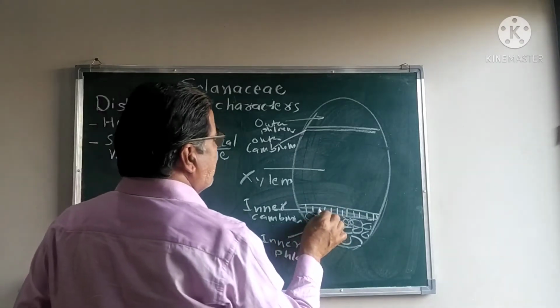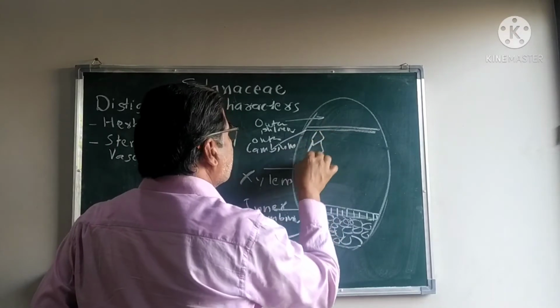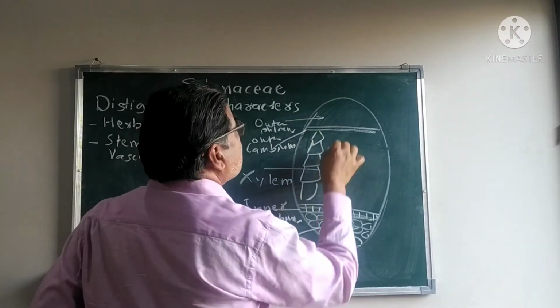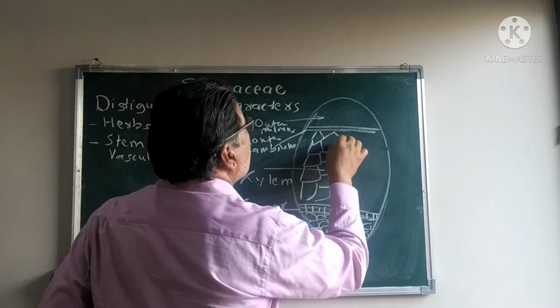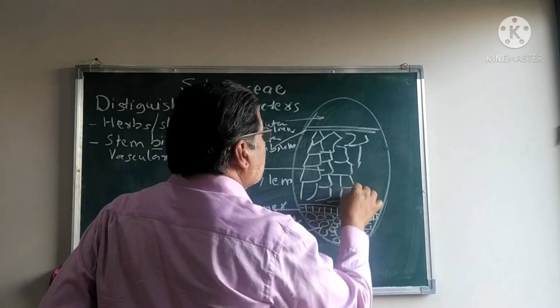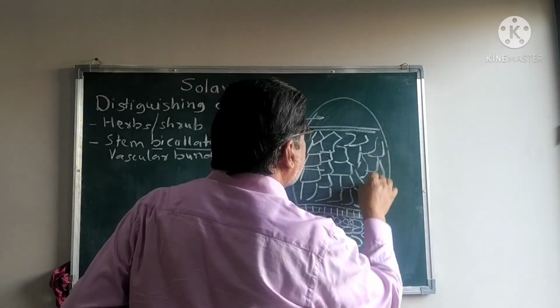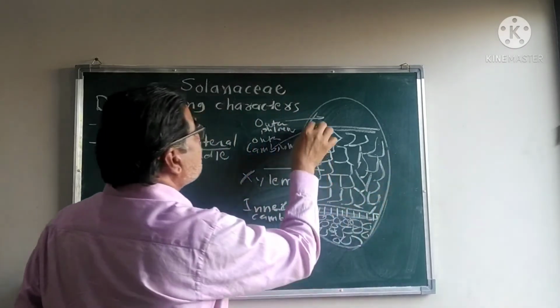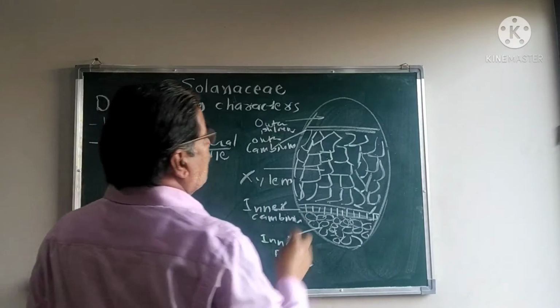That is known as the cambium. That is the xylem. Xylem has hexagonal cells. Xylem is a complex tissue made up of xylem tracheae, xylem vessels, xylem fibre and xylem parenchyma.